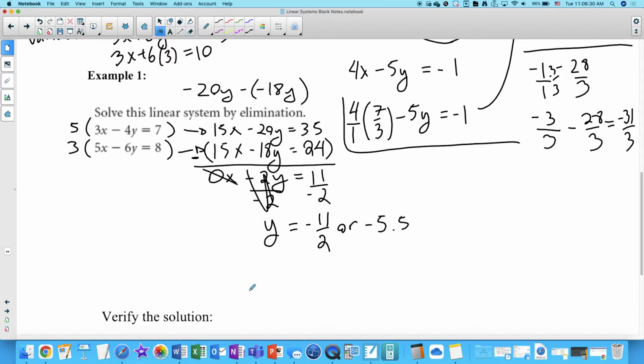It's much more likely that you're going to get a fraction. And so if you just do elimination again, you don't really have to deal with all of those fraction operations, right? You can just make the coefficients line up, and then you're down to an equation in one variable. So I personally like to do that, but of course you could always sub it if you want to. Okay, so we did all of this to solve for y.